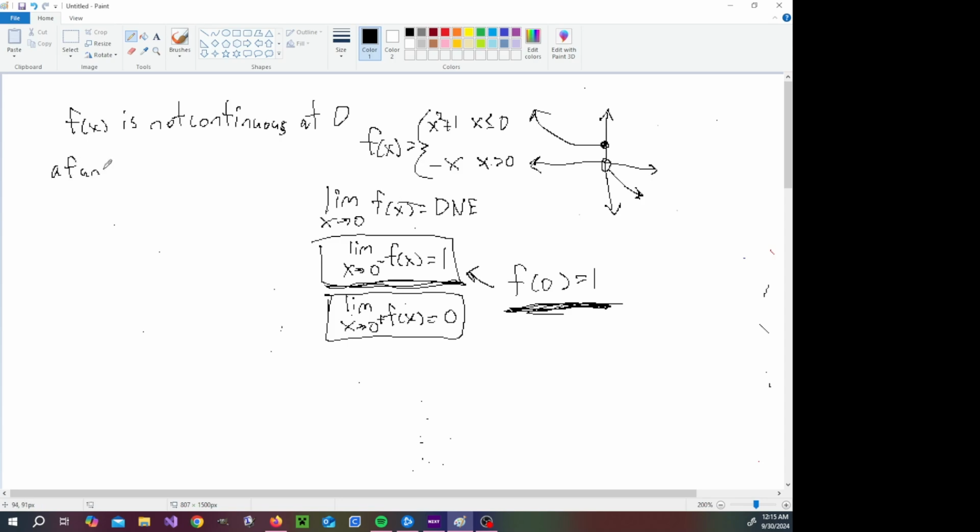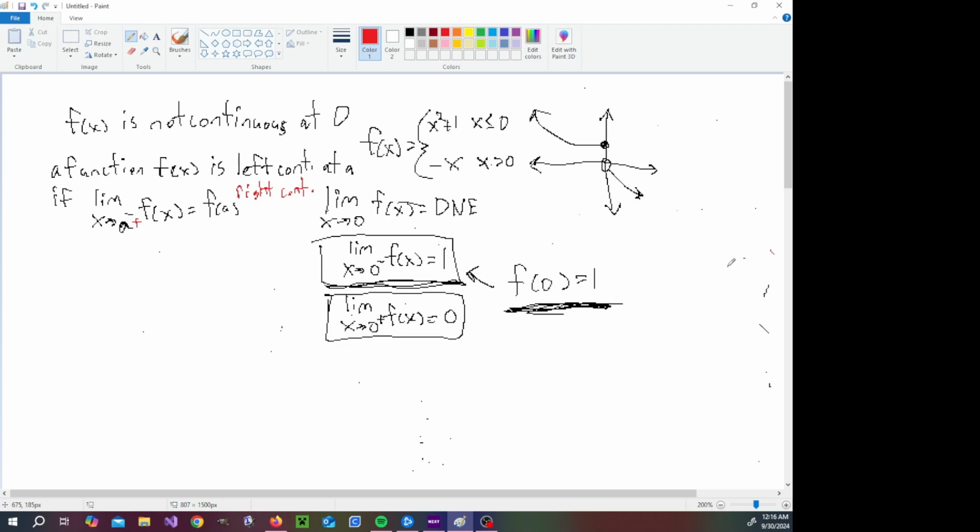So a function f of x is left continuous at a if the left-hand limit, the limit as x goes to a from the left of f of x is equal to the function at a, and then we say right continuous. A function is right continuous if the right-hand limit agrees.